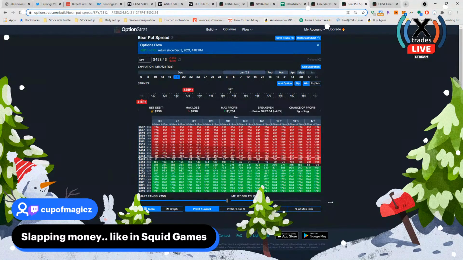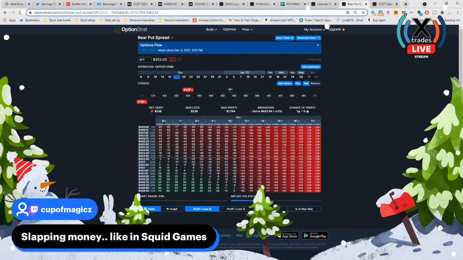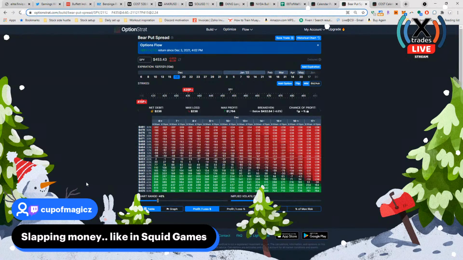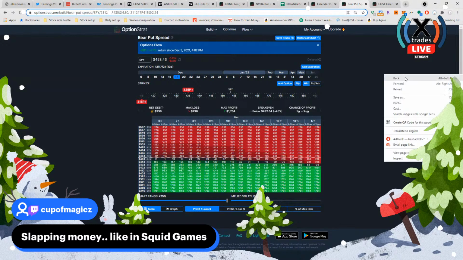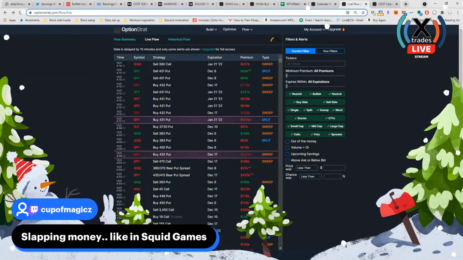Pretty bold. They think it's going to 435 and under. This might just be a hedge position. Let's hope it is. As long as it doesn't recover, this position is green. Yeah, 236 to make 17 something.